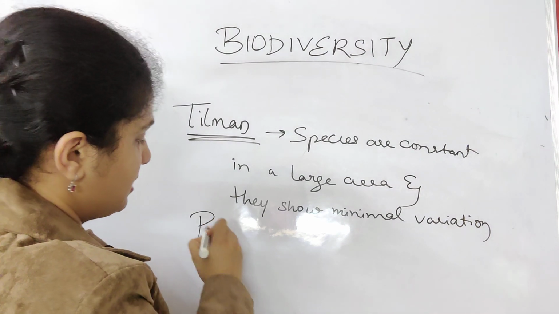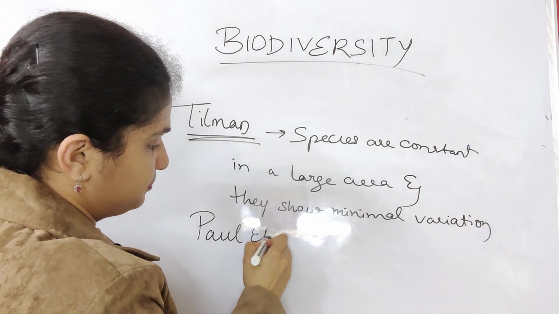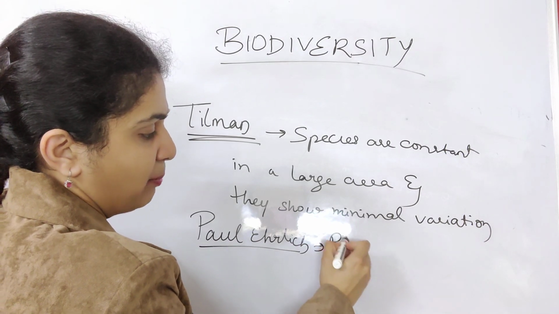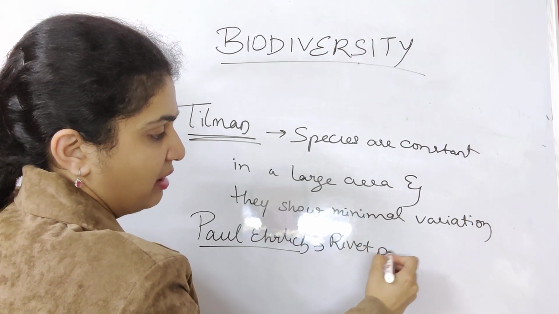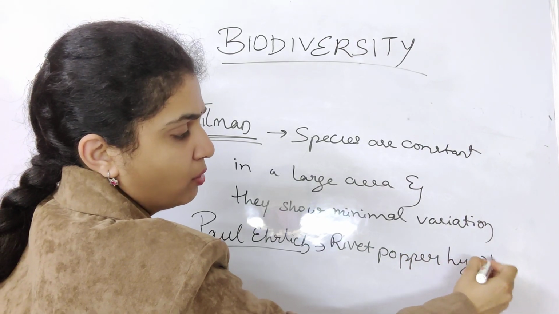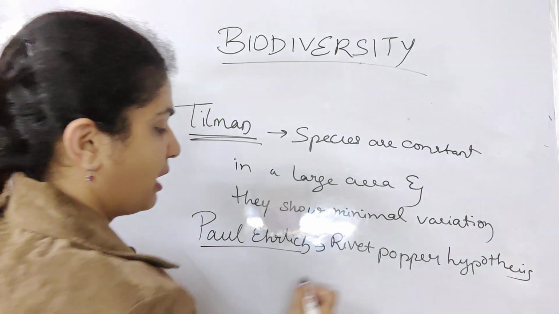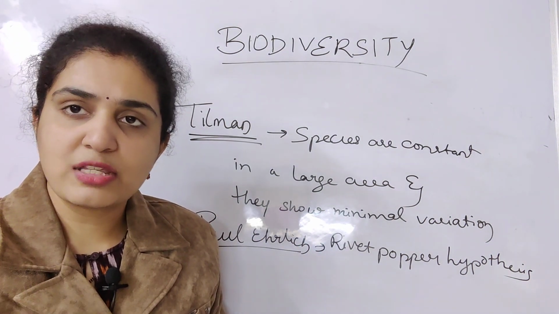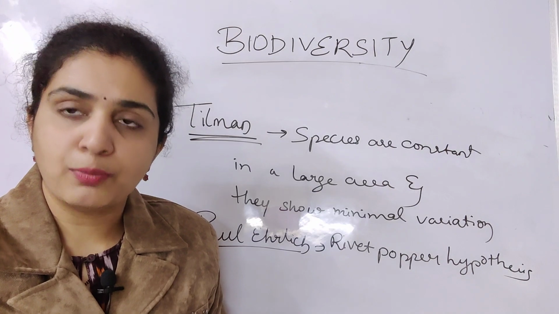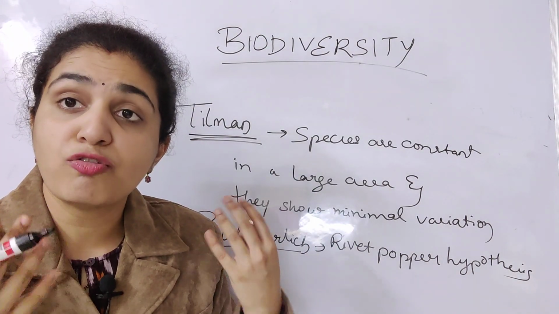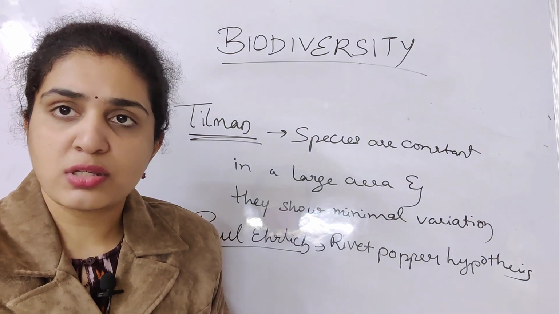The other famous scientist is Paul Ehrlich. He described the rivet popper hypothesis. The one who gave the term rivet popper hypothesis is Paul Ehrlich. Don't get so confused, I'm trying to explain in an easy manner for you. This topic is considered under the importance of more species to the ecosystem.